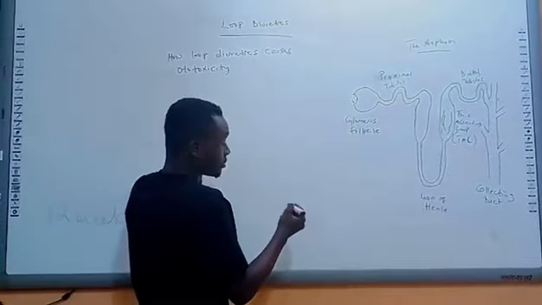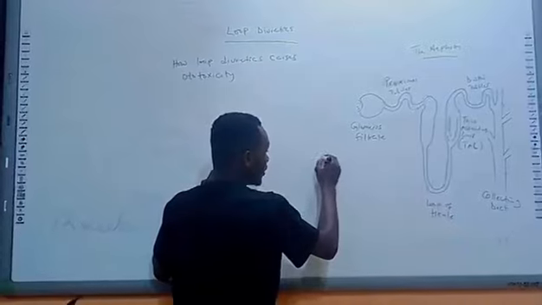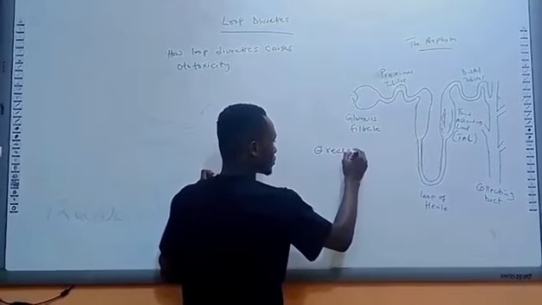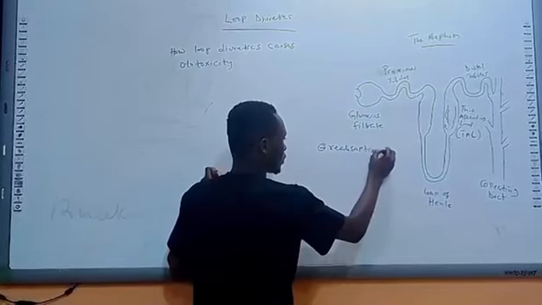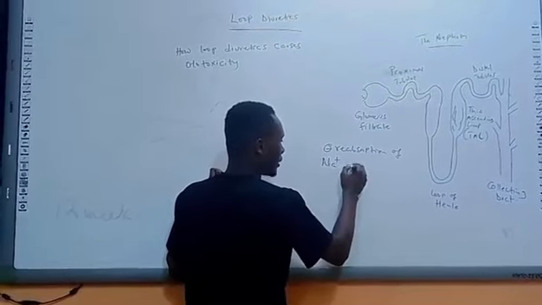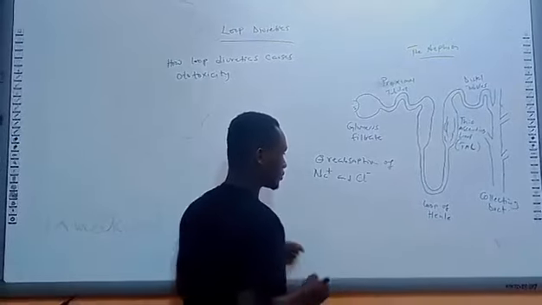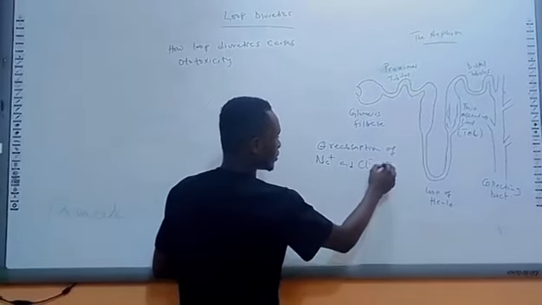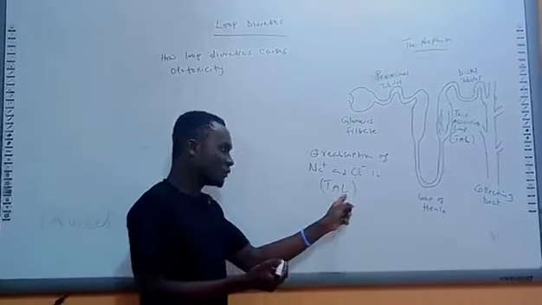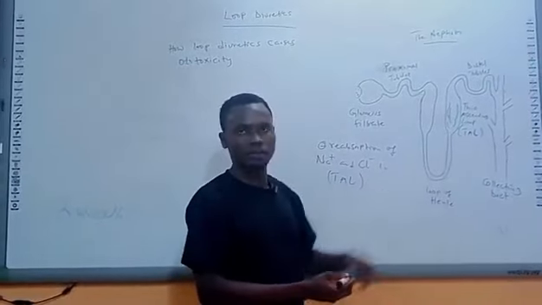So they inhibit the reabsorption of sodium ion and chlorine ion in the TAL, the thick ascending limb of the loop of Henle.